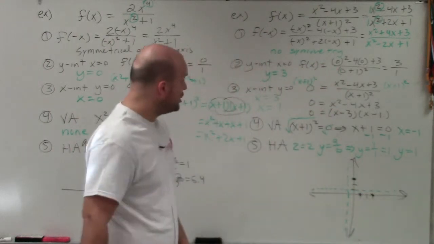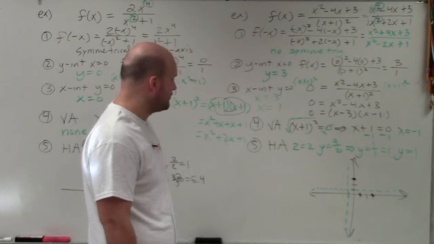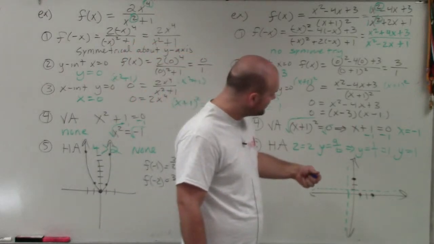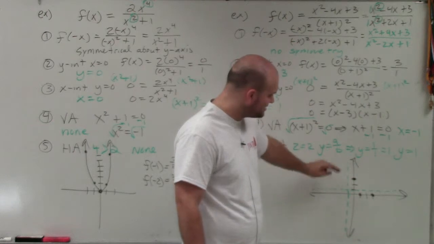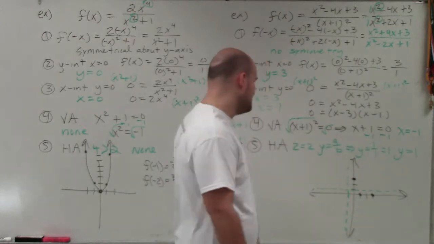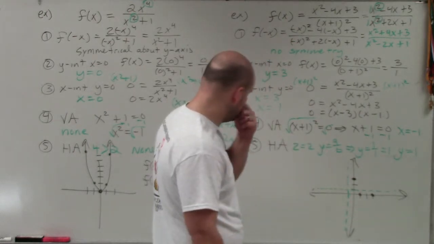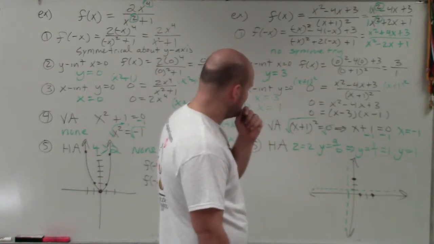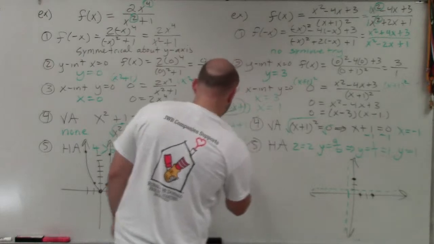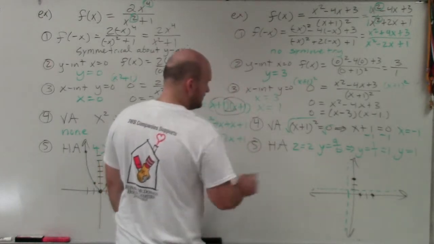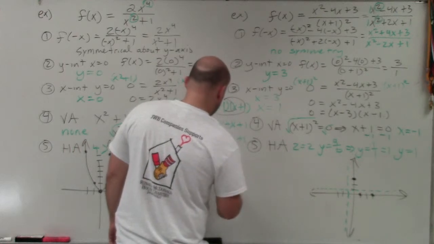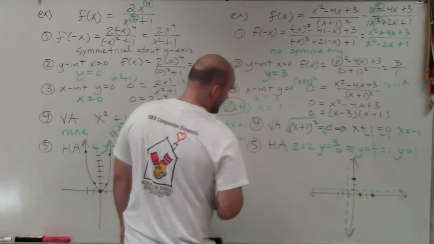OK, so let's go ahead and graph. Again, basically what I'm going to do is choose two values to the left of the asymptote and then two to the right. So I'm definitely going to want to find the value for f of -2, f of -3.